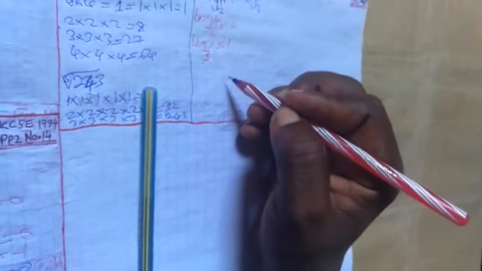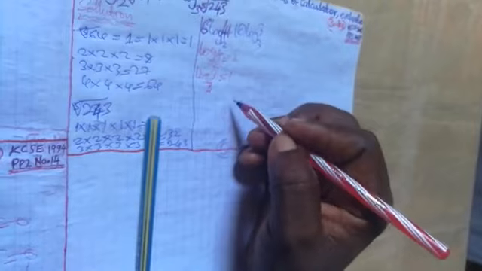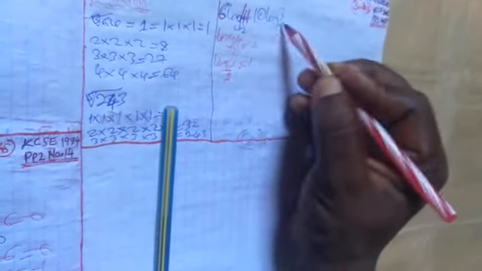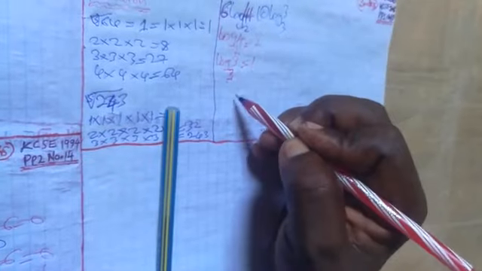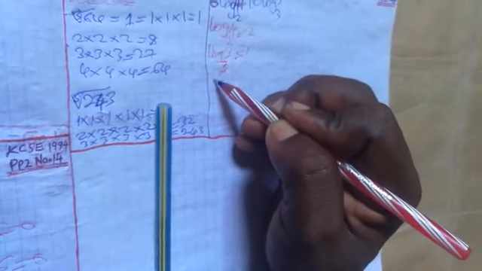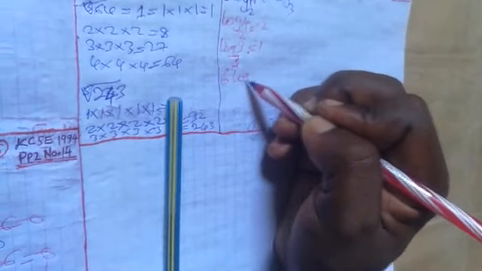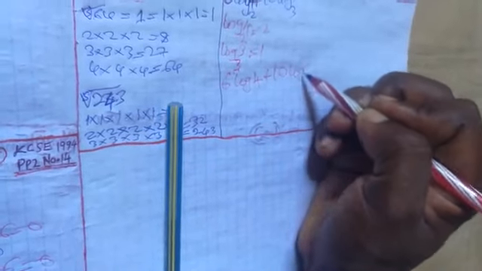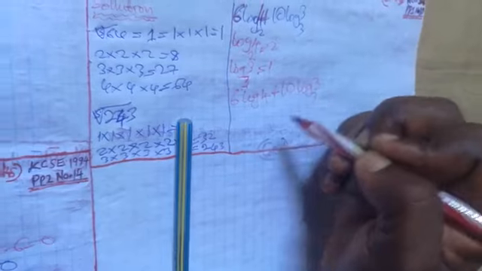Now from our equation here, we have 6 log 4 plus 10 log 3.